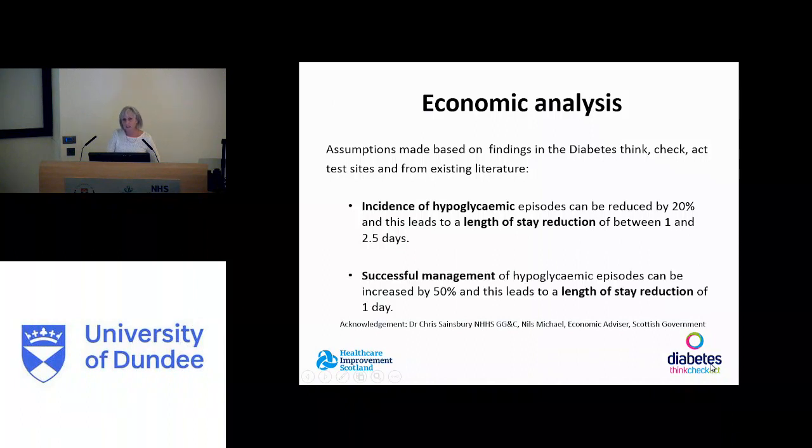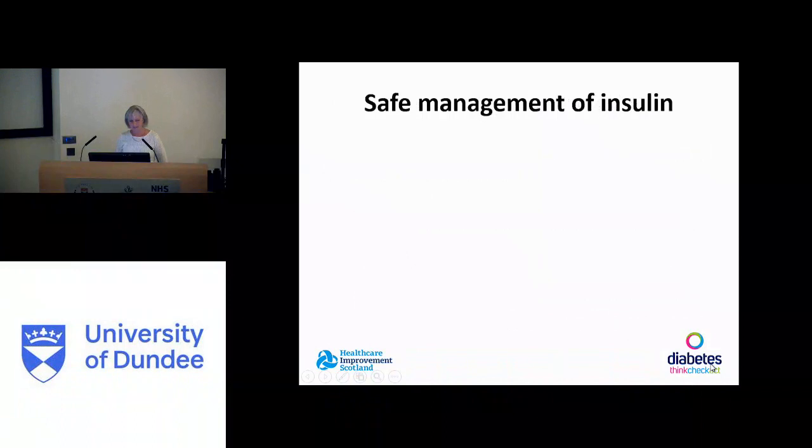And if we successfully manage hypoglycemia by 50%, then this leads to a length of stay reduction of 1 day. And if you look at our data, we're only treating 45% of our people with hypoglycemia appropriately, so we can improve care, reduce workload, reduce harm, and get some empty beds, but I know they're never empty.